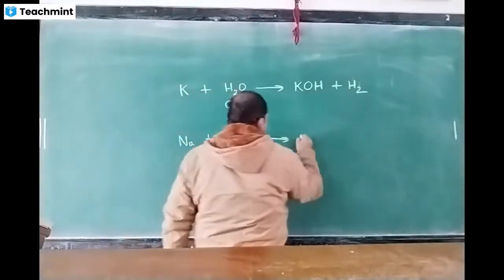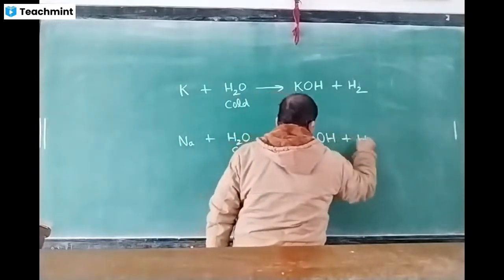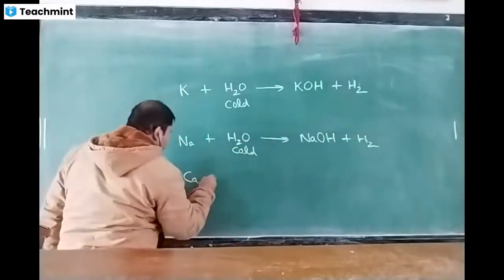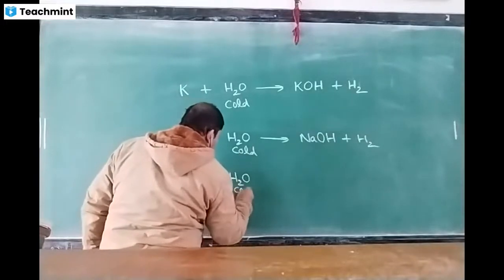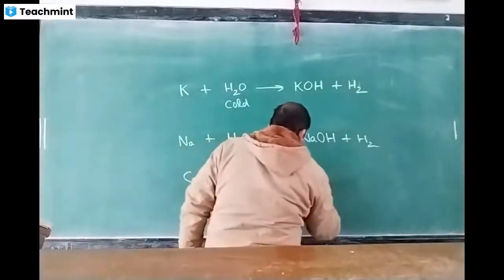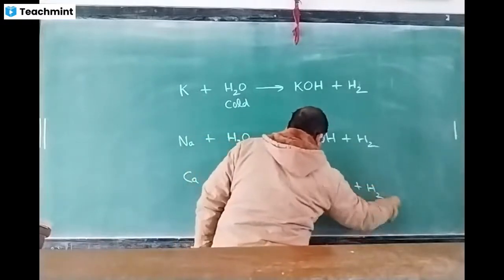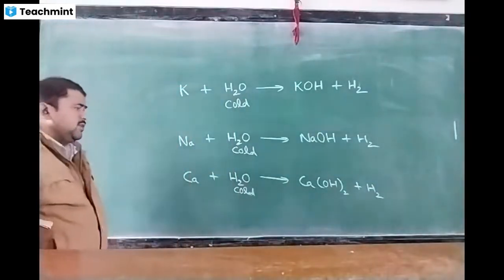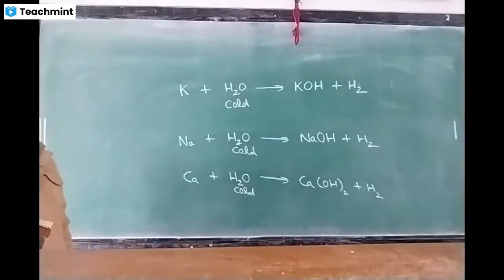We get sodium hydroxide, NaOH, plus hydrogen gas. If we take calcium, the third, calcium reacts with cold water, and we get calcium hydroxide plus hydrogen gas. These reactions are vigorous, violent, and exothermic, and after that we can balance them.